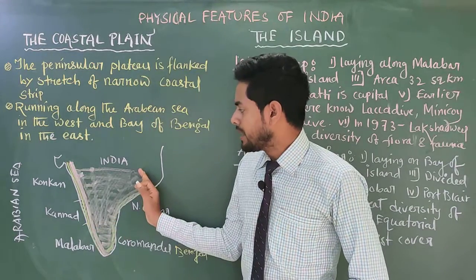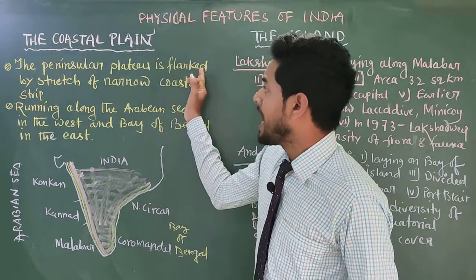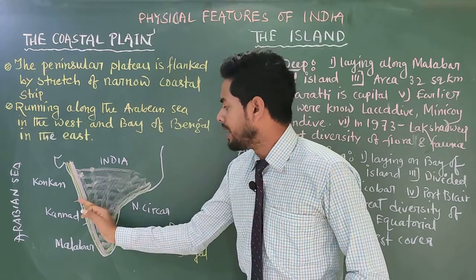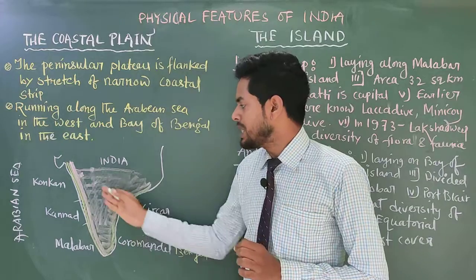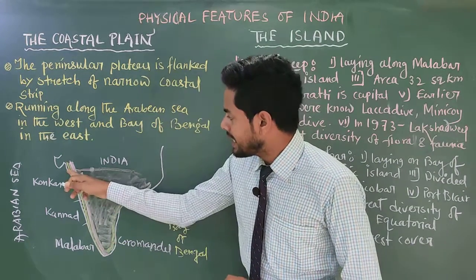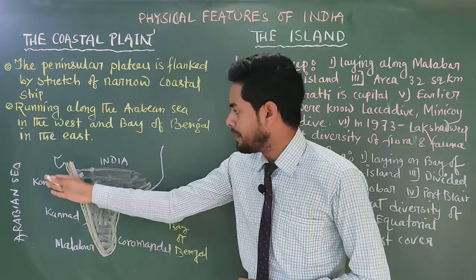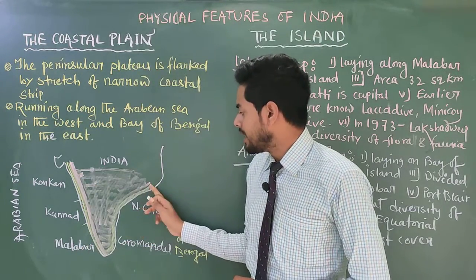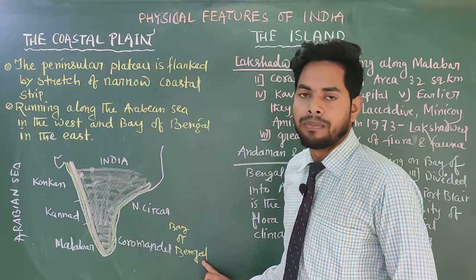But the peninsular plateau is flanked by a narrow strip. This stretch of narrow strip is called the coastal plain. Just see that it runs in the west along the Arabian Sea and in the east along the Bay of Bengal.